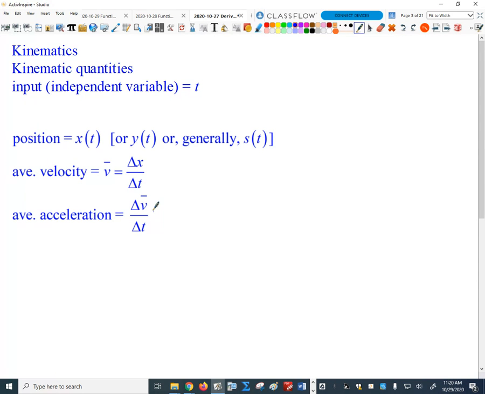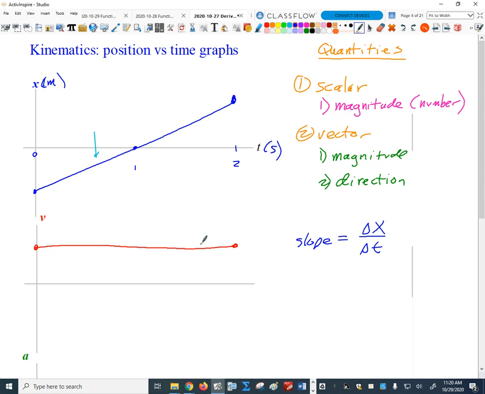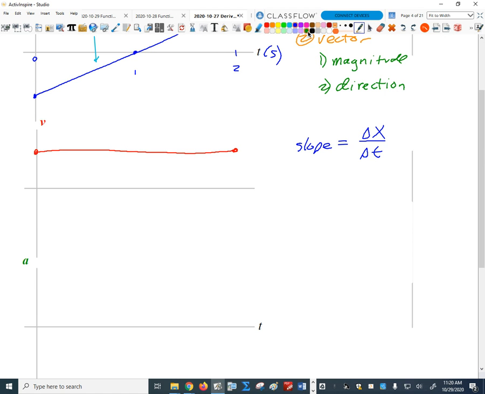Acceleration is the slope of a velocity time graph. Okay, so if we go back and look at the velocity time graph, well, that just has a slope of 0 the whole way. And so the acceleration here is equal to 0. Are you starting to put this together a little bit, these connections between these kinematic quantities?